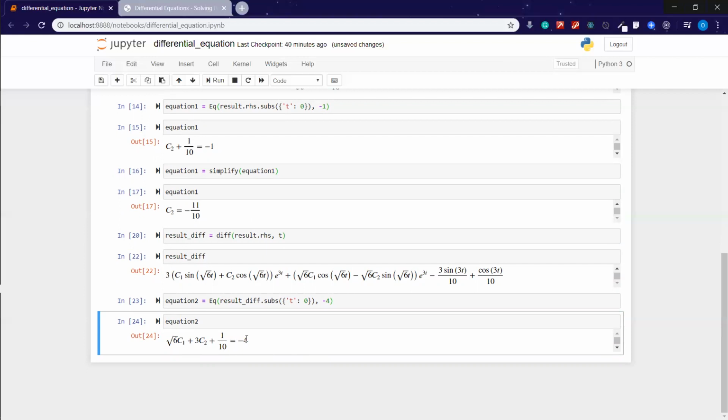All right, so equation 2 is easy to solve because we have a value for C2 already.